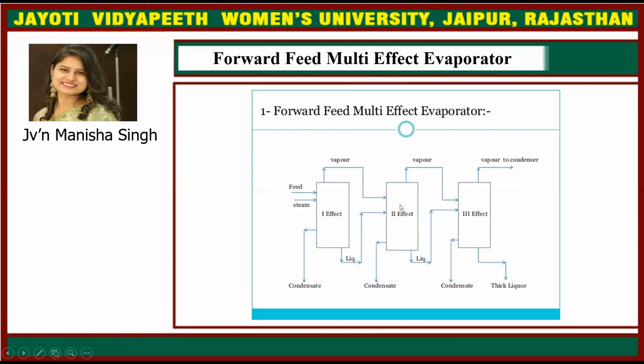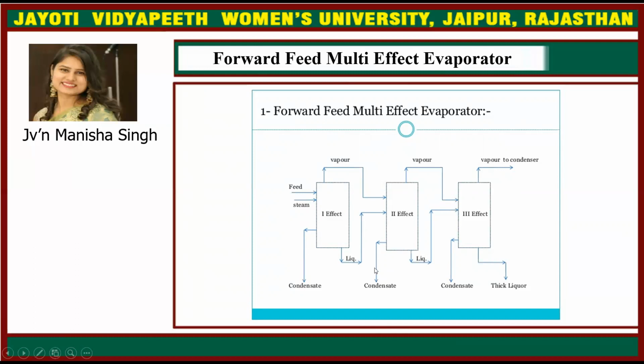In this, steam and feed are in the same direction. This is effect 1, effect 2, effect 3, and if we want more effects, they are added and so on. The feed is moving in the same direction as the steam. From there we can extract the condensate, and the liquid will pass on to the second effect, and the vapors from effect 1 are the source of heating in effect 2. Therefore, the energy efficiency is very high in this type of evaporator.